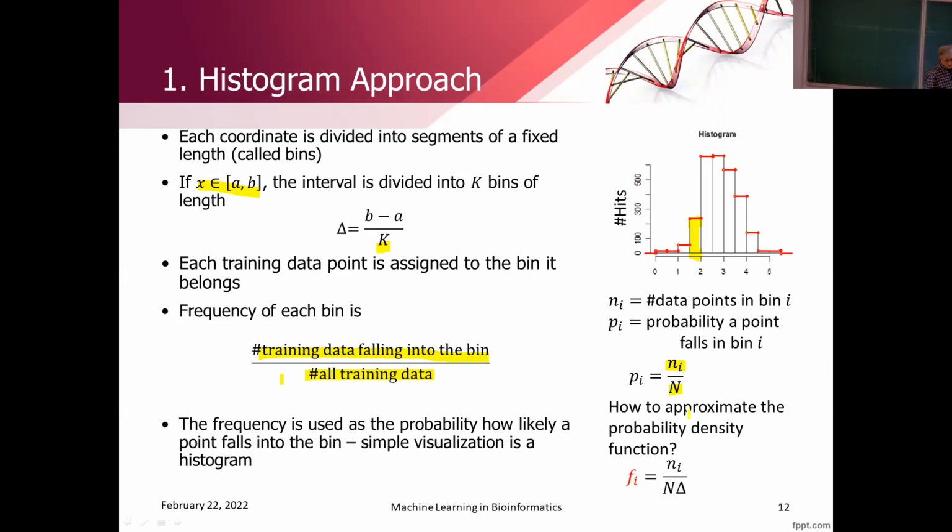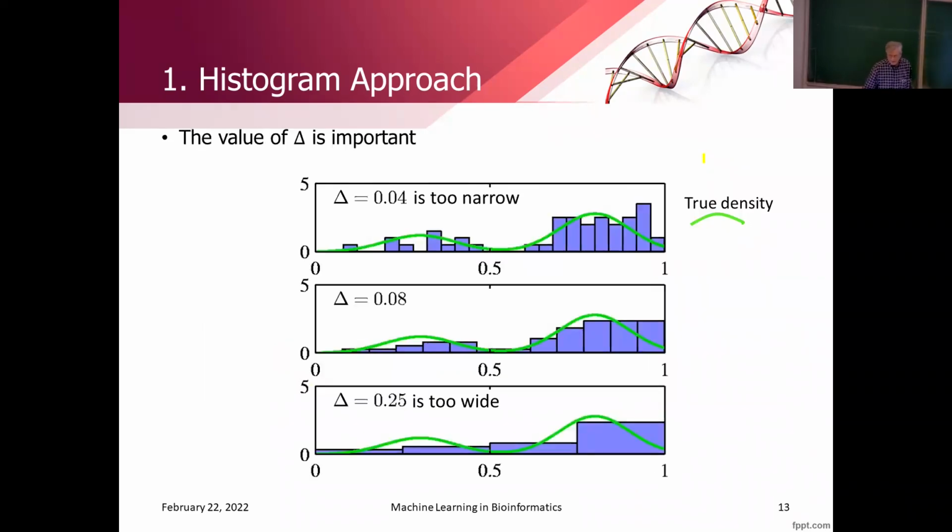And in red, here in the plot, is the value for the density function. I decided that the right border of the bin will be included in the value, will have the same value as inside of the bin, and the left border will not. But this is just cosmetic. Okay, the value for the width is important.